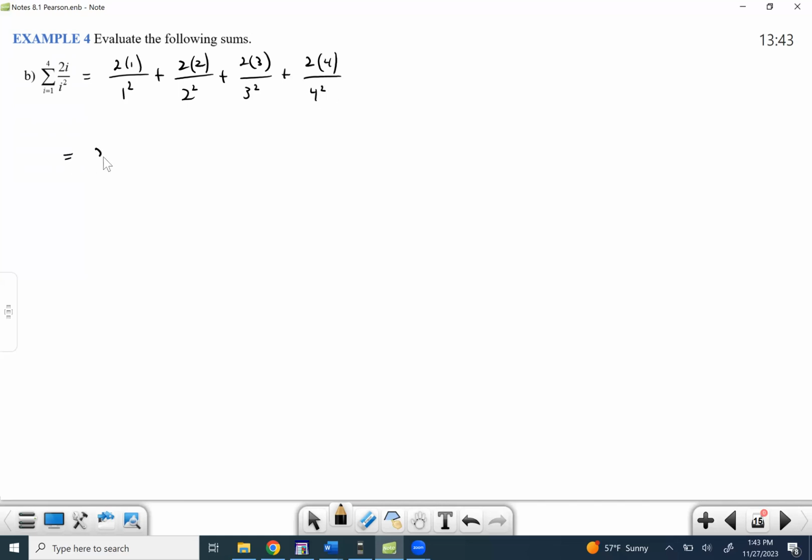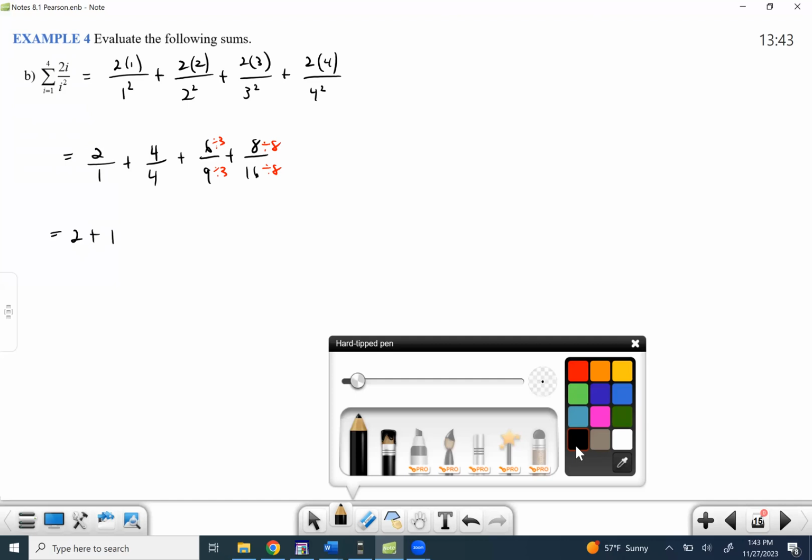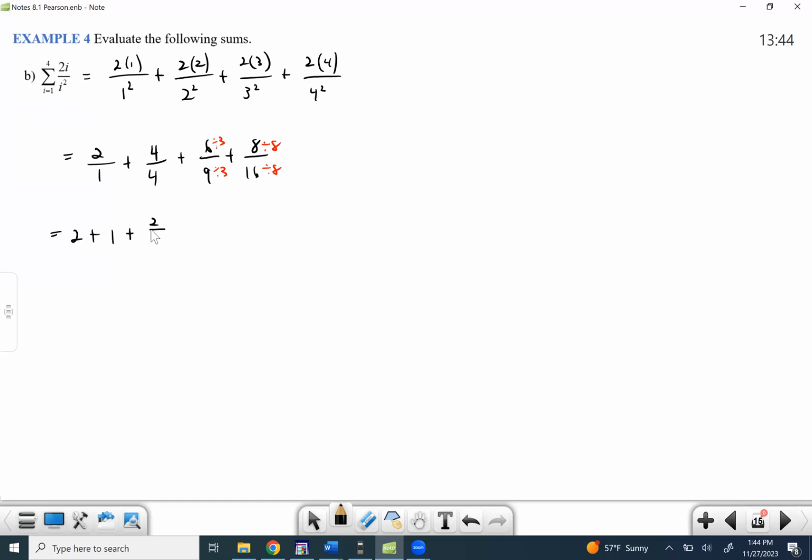So this is going to give us 2 over 1, 4 over 4, 6 over 9, and 8 over 16. So 4 divided by 4 is 1. And if we were to reduce by 3, and then by 8, we would have 2/3 and 1/2.